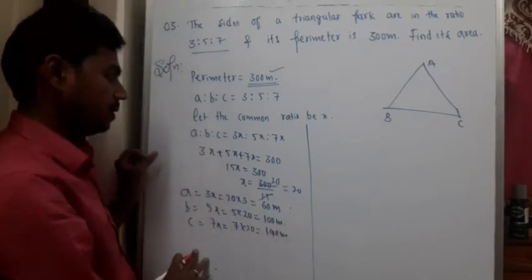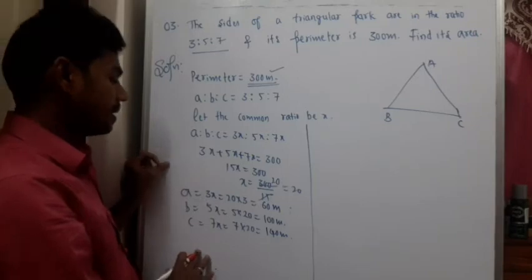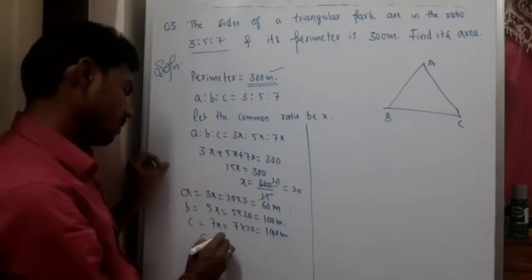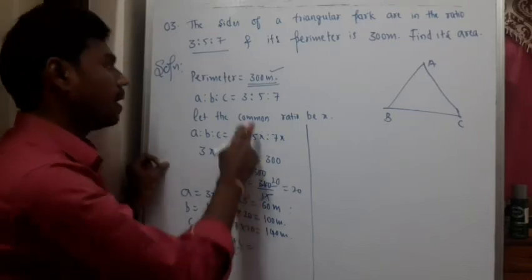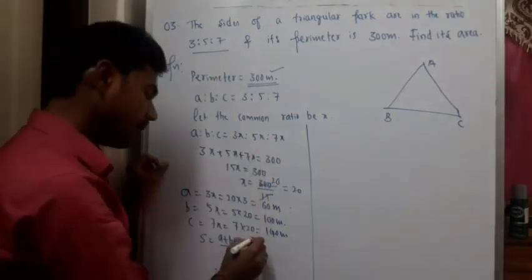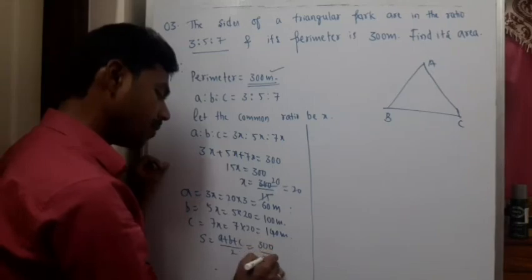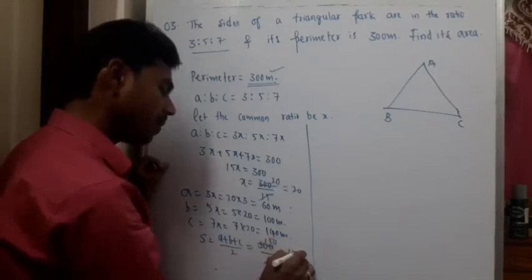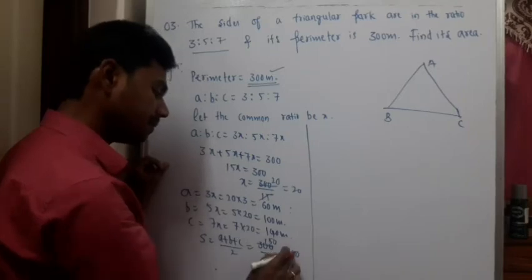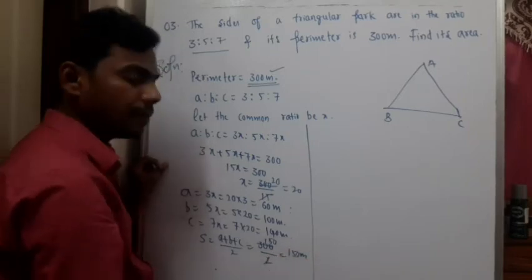Now we got this. So then what is S? S is equal to A plus B plus C divided by 2. So A plus B plus C is 300 divided by 2, that is 150. Fine. 150 meters, that is semi perimeter.